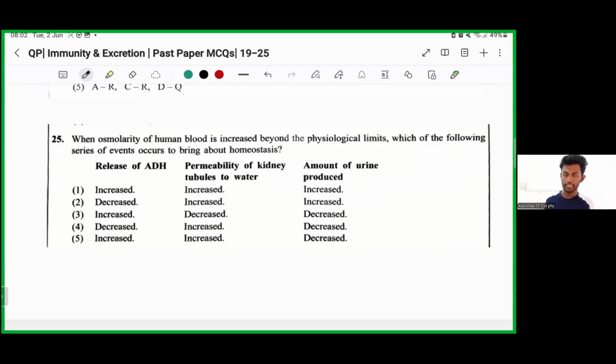When osmolarity is increased, ionic and mineral levels increase, so ADH is secreted very much. Permeability of kidney tubules to water is increased, right? It is increased in the distal convoluted tubule and collecting ducts also. More water is reabsorbed, and the amount of urine produced is reduced. So the answer is the fifth one, the correct one.